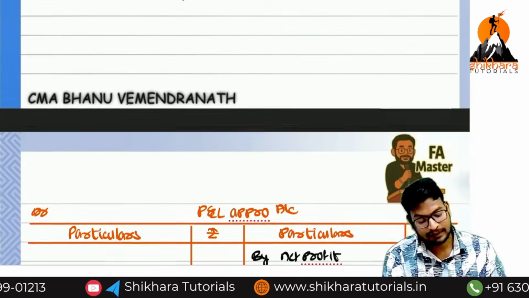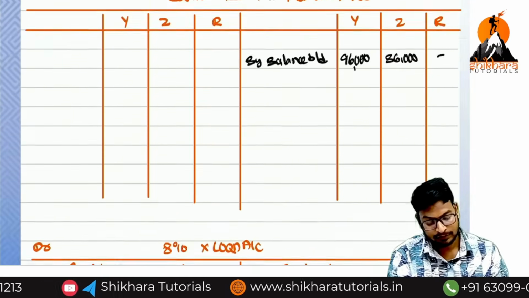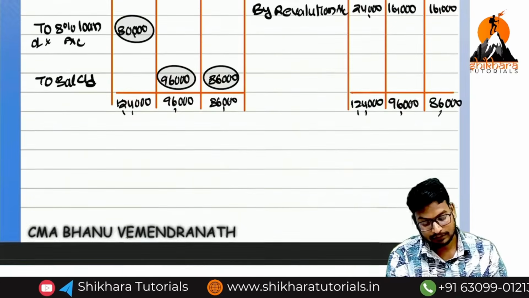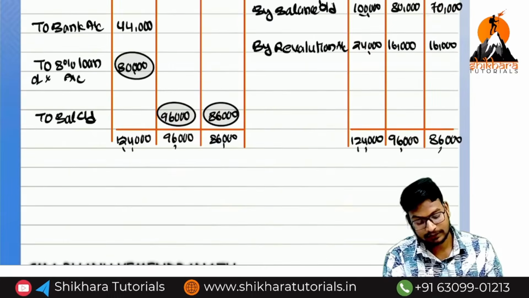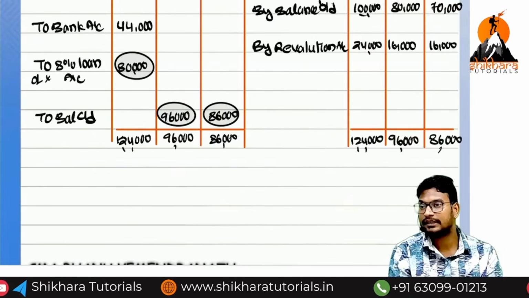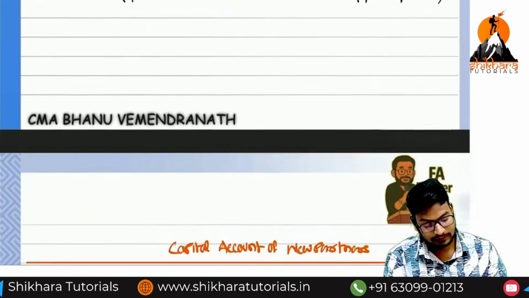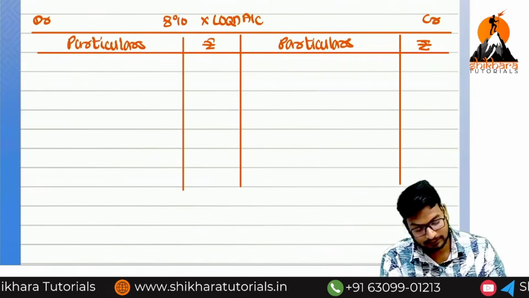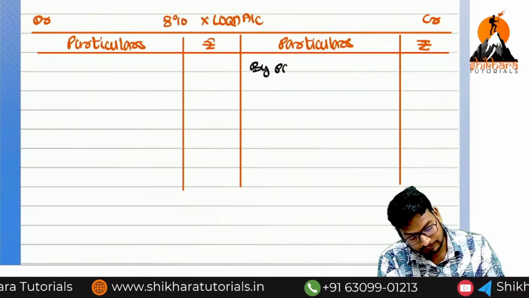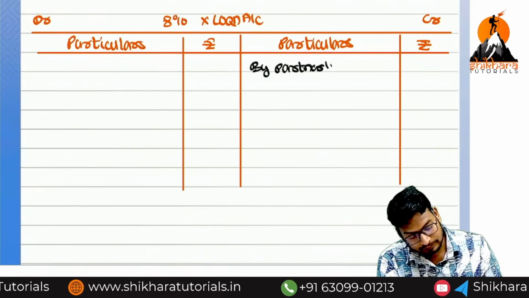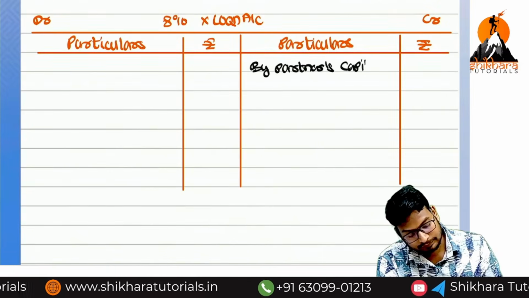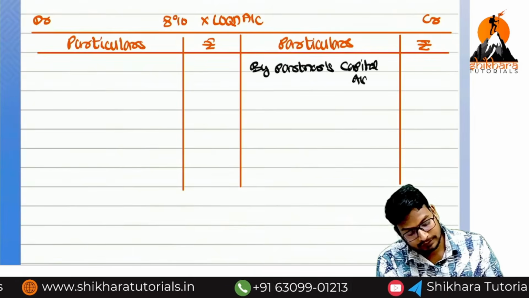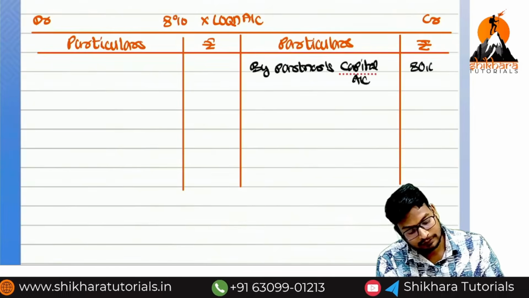What is the opening balance of X loan account? So what is the loan account we have got? 80,000. This will appear in the loan account on which side? Credit side. You know, by partners capital account. How much? 80,000.